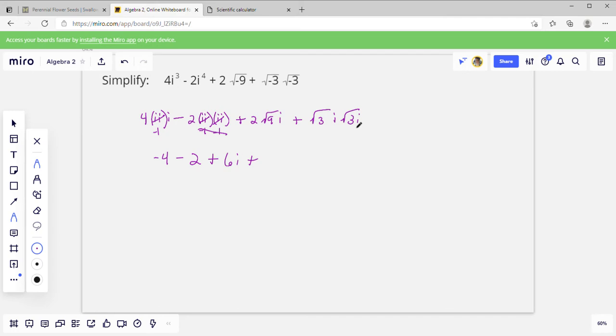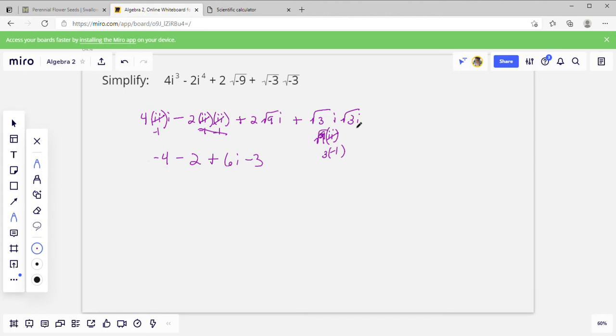And i times i is -1. So that would be -3. Right, because that would be 9i times i, and that square root of 9. i times i is -1. Square root of 9 is 3. 3 times -1 would be -3.